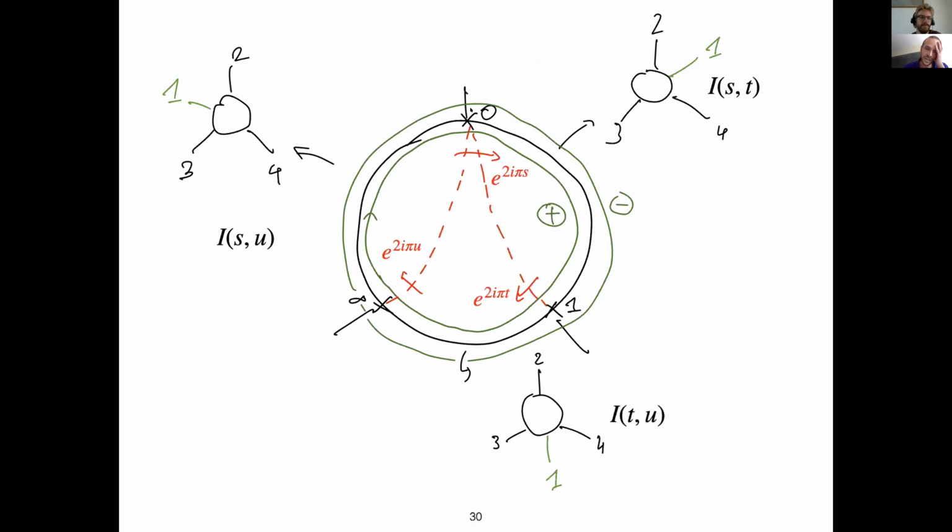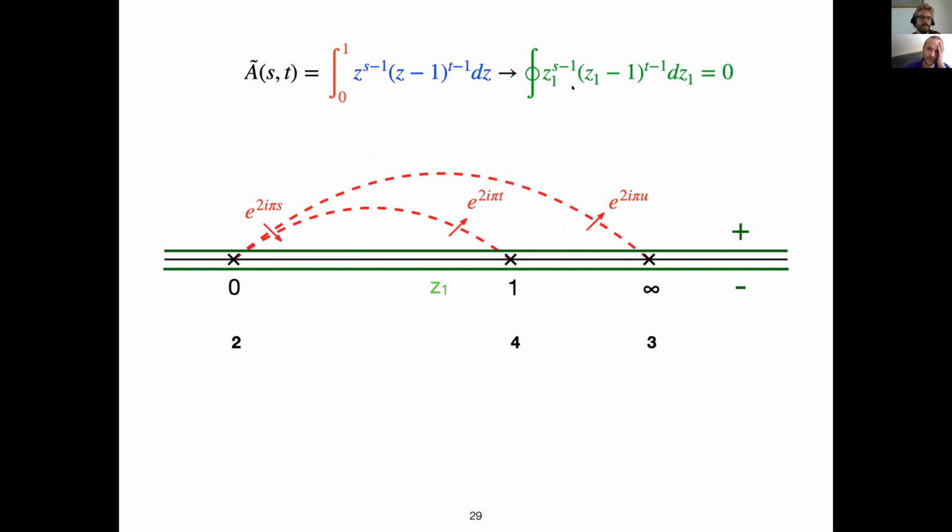And on each of these bits of the contour, the leg 1, which was our particle, sorry, I forgot to mention this. Okay, let me step back for a second. I forgot to mention this point. This complex variable Z corresponds to the position of the particle number 1.